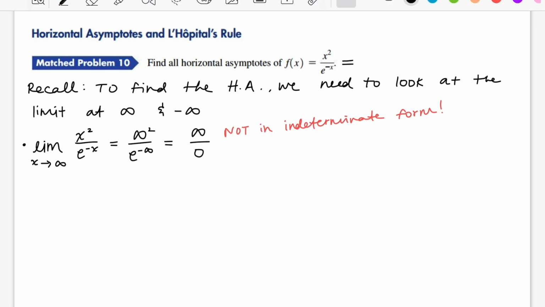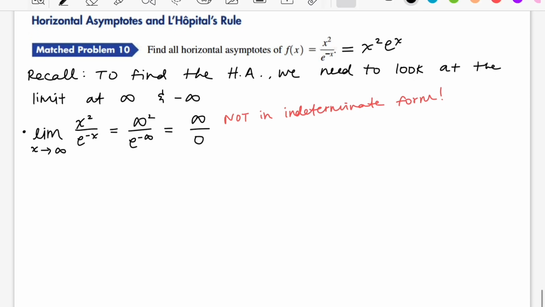Looking back at our function, this can be written as x squared times e to the positive x. Right? So just writing this as a positive exponent brings it into the numerator. So we're going to look at the limit of this guy as x approaches infinity.